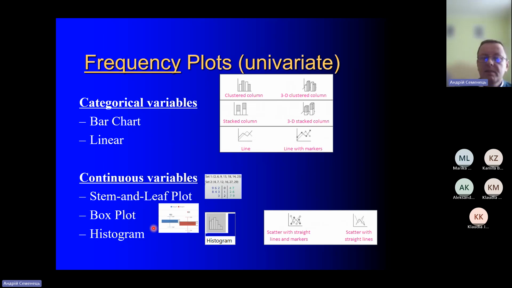Those chart types expect that the independent variable, or X, which is usually put through the horizontal axis, has to be composed of categories, not numerical categories like patient number or patient name, city name, or something like this, category name, group name, or so.